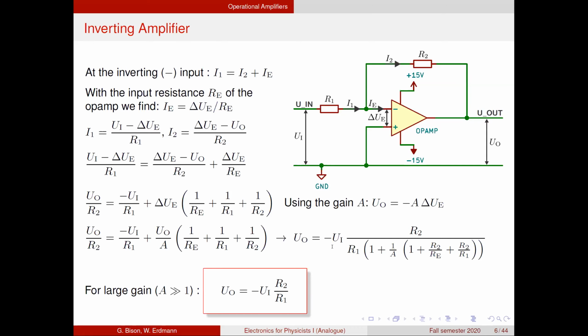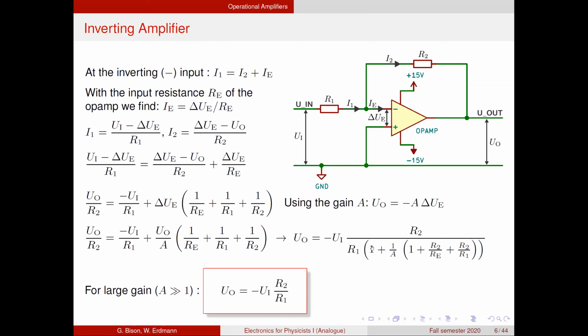It's an inverting amplifier, so we have to have a minus sign. And then a gain factor that depends on the amplifier gain, all the resistances in the system, but mostly on R2 and R1. And now if we take really large values of the amplification of our op-amp, then this simplifies to this simple expression here.